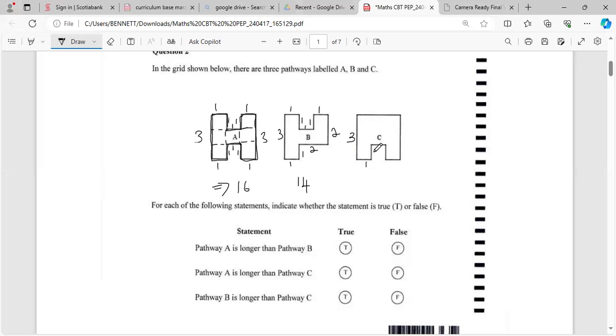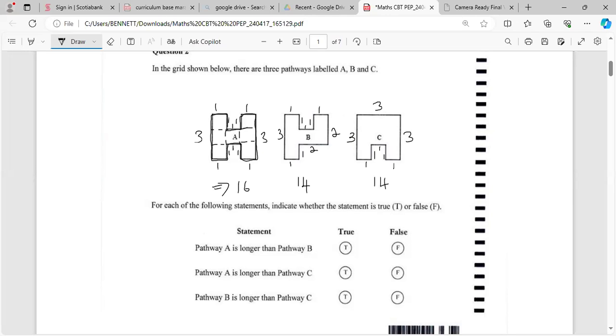Three ones. One. 3. What's the total? I got 14 again. 14. Okay, cool. All right.